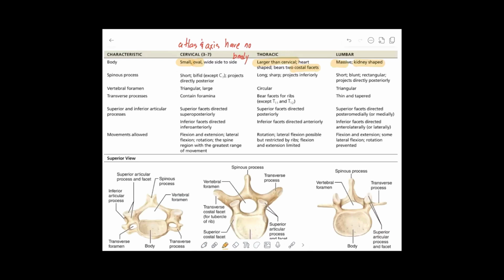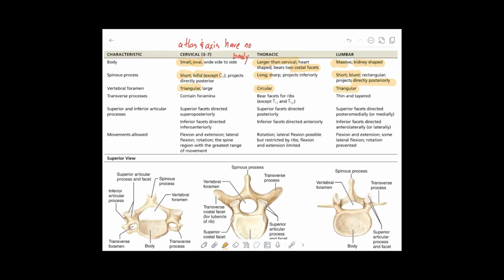The spinous process is short, bifid for C7. For thoracic, the spinous process is long, and the lumbar spinous process is short and blunt and projects directly posteriorly. The vertebral foramen is triangular in the cervical, circular in the thoracic, and triangular in the lumbar.